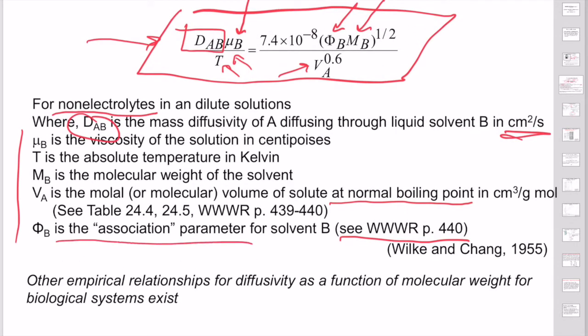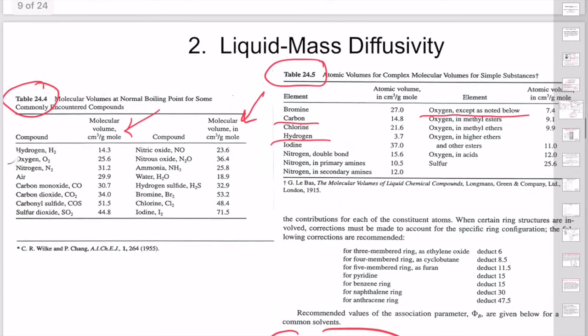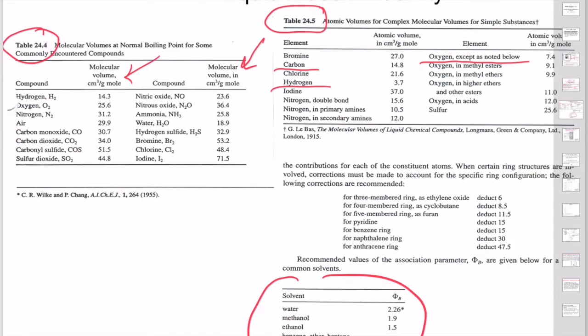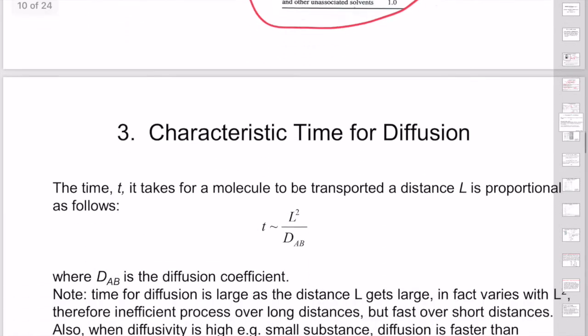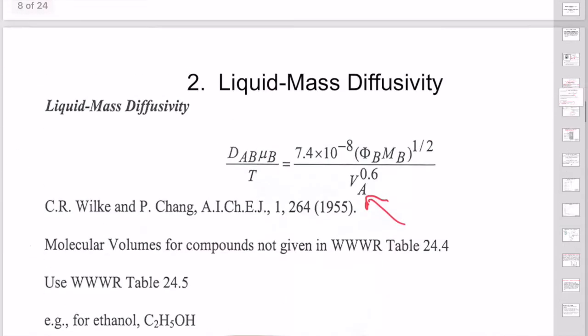The association parameter. She doesn't list the table, but it's in the previous slide. So you can find that in the book. Okay, so a lot of it is just like, go find a number, plug it in. Exactly. Now it's algebra.